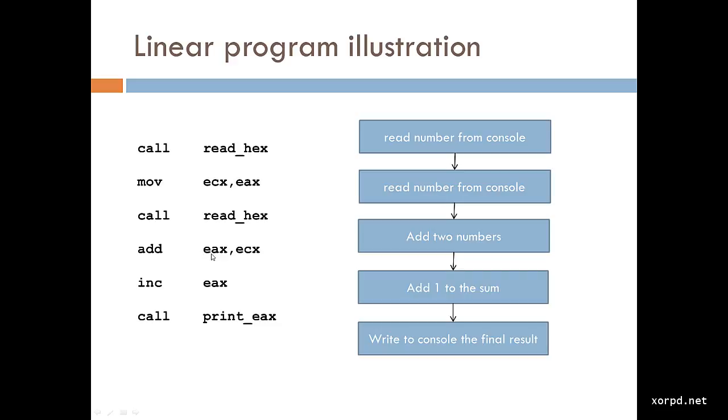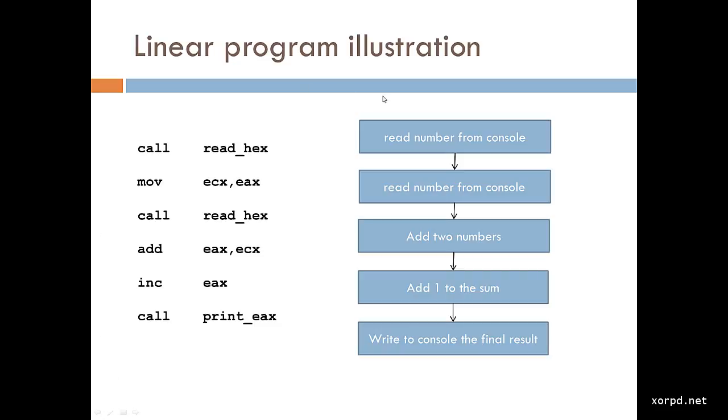Eventually their sum is stored inside EAX. Then we add 1 to the sum using the increase instruction. Finally, we print back the result to the console. So actually we are going to get the sum of the two inputs plus 1 printed back to the console, which is a very simple calculation.